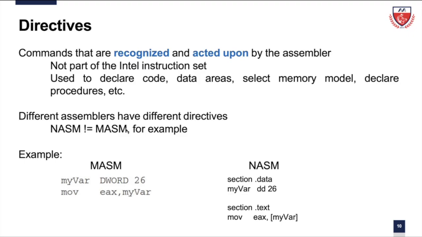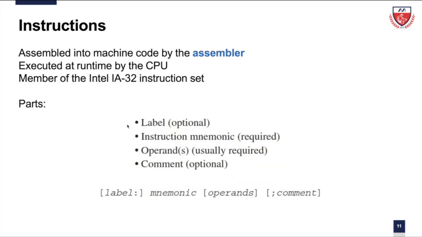So NASM, MASM. As you can see, this code is equivalent to this. However, it varies depending on the environment. MASM is Windows specific. NASM is more popular in Linux for learning, and open source projects.